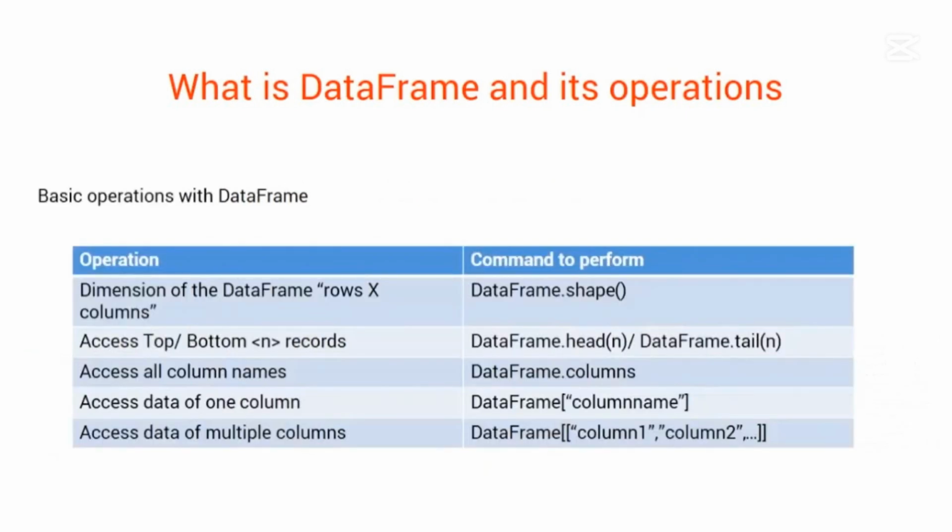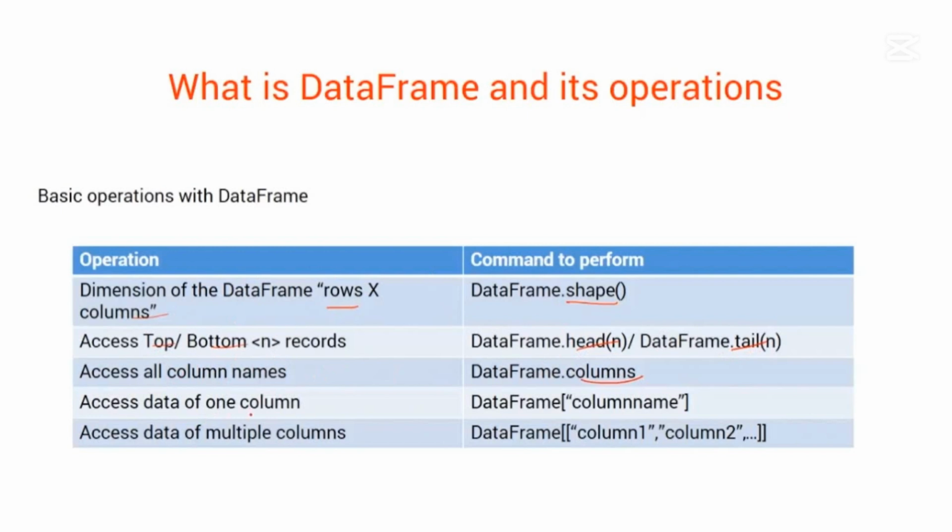Now, let's have a look at some of the basic functions of a data frame. We can check the dimensions of the data frame, which is the number of rows multiplied by the number of columns using the shape function. Also, we can access the top and bottom records of a data frame using the head and tail function respectively. We can also access all the column names in a data frame using the columns function.